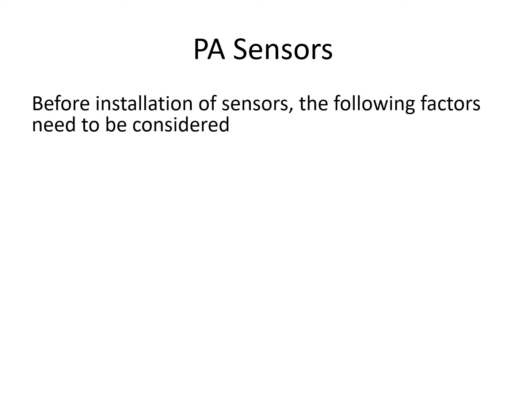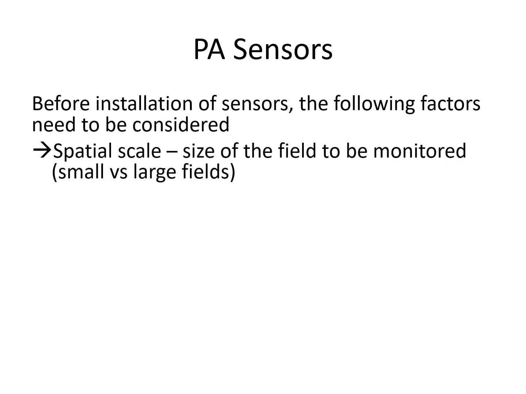Now, the sensors that are appropriate for precision agriculture need to have some characteristics or attributes. And here we are saying that before installation of sensors, the following factors need to be considered. One factor is the spatial scale. How big is the field that needs to be monitored?